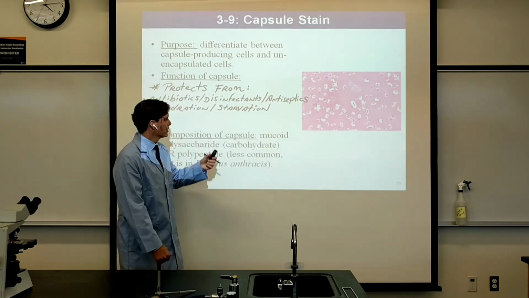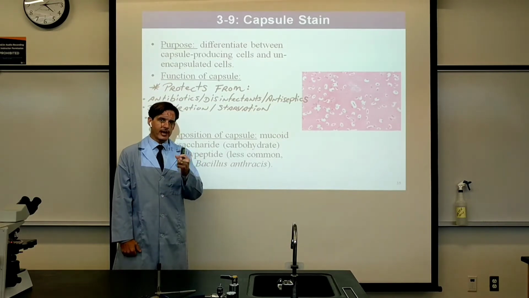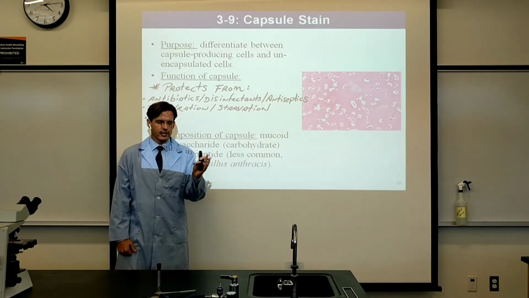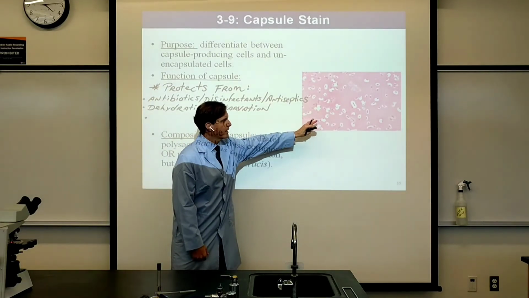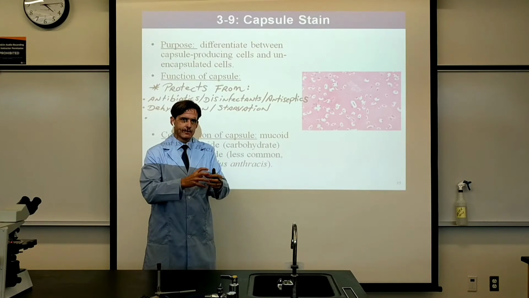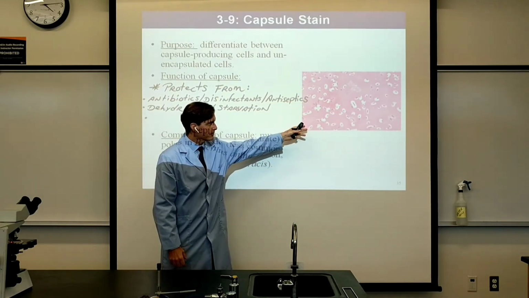Or as its name implies, it can also get in the lungs. And so we can say that one of the reasons why they cause disease is because the phagocytes, the alveolar macrophages or other phagocytic white blood cells, have a difficult time trying to ingest and perhaps even digest these particular encapsulated cells.